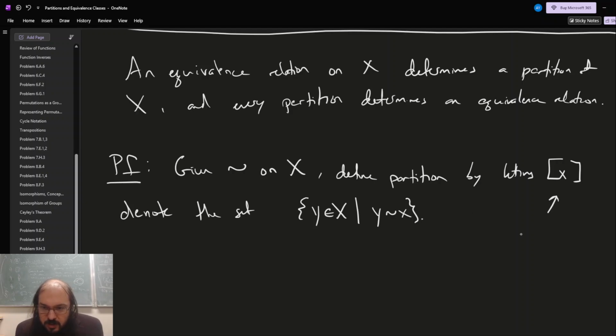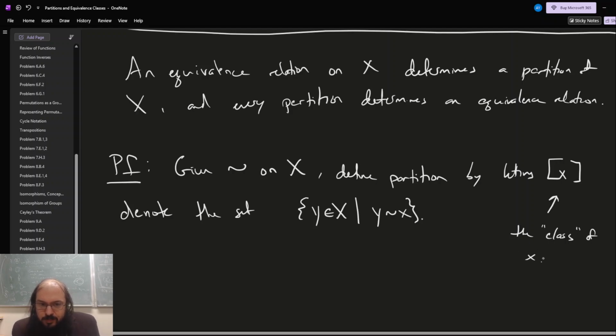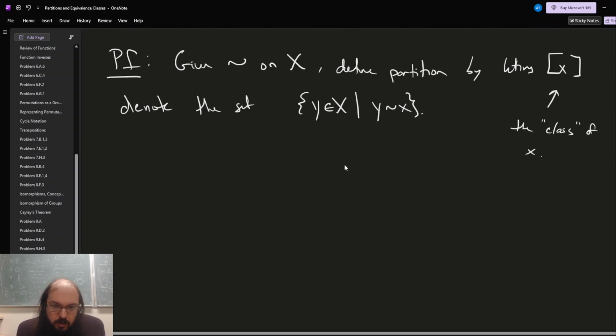We're going to call this the class. Sometimes the equivalence class, if I want to be specific, but just in general, the class of X. Okay, so if I have an equivalence relation, then the classes of all the different elements in X, I claim that they're a partition.